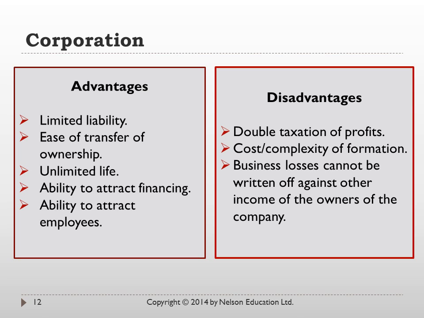Important to note that in the Tax Act in Canada, there's a special type of corporation called a Canadian-controlled private corporation. Canadian-controlled private corporations are private corporations. They're closely held, under 50 shareholders, and ownership is entirely Canadian.